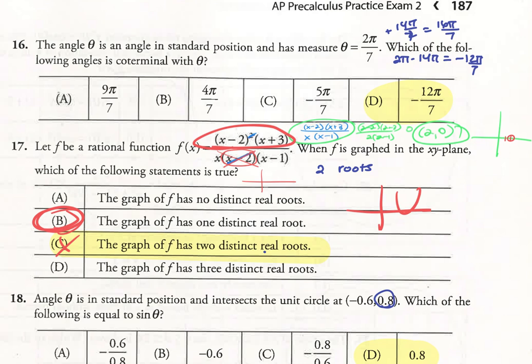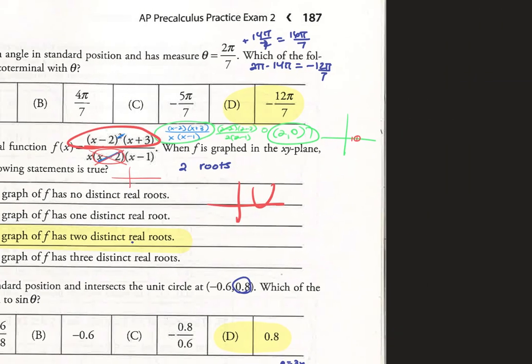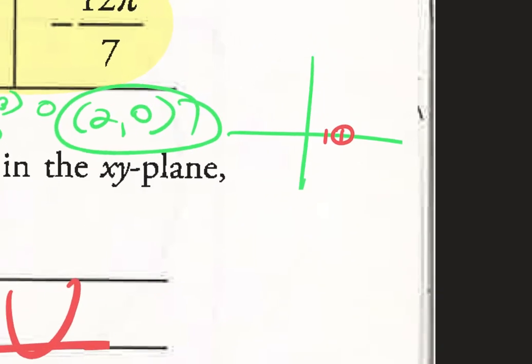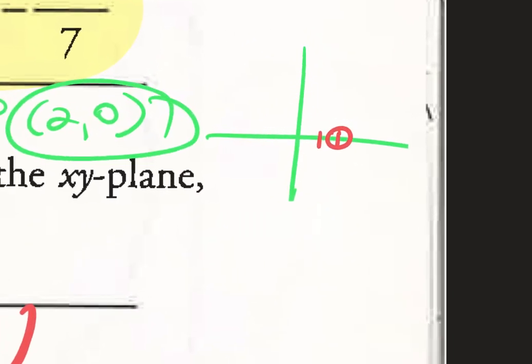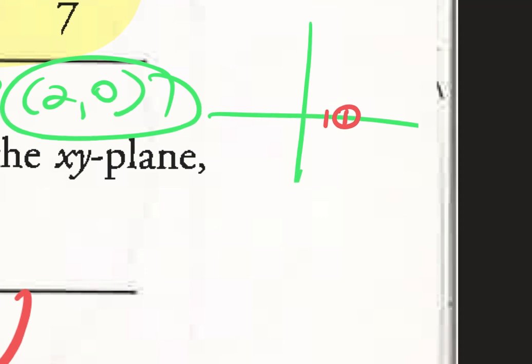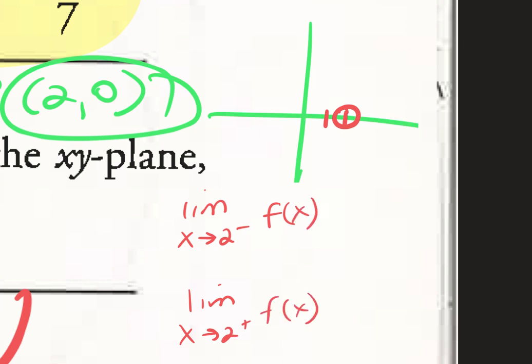Oh, no, I said if it asked you how to find a hole, right? And how would you do a limit notation of a hole? Like if there's a hole at 2, 0, what does your limit notation look like? So I'd go 2 from the left, and then I'd go 2 from the right, and the y would be 0 for both.